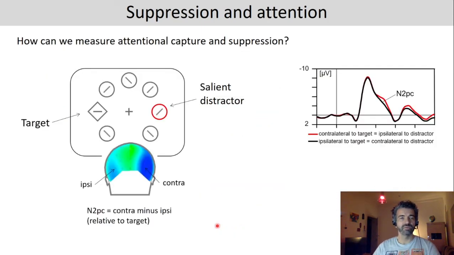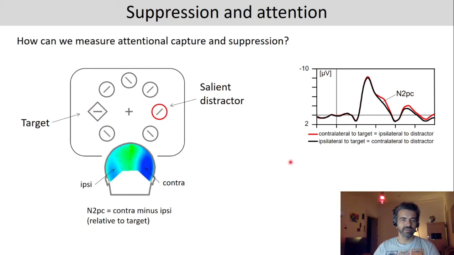Now, can we also find a neural measure of that suppression, just like the N2pc reflects target processing or attention deployment towards relevant items? Imagine a scenario where you have a target here and the salient distractor here. So what we might observe is then a contralateral negativity to the target reflecting attention deployment towards the target.